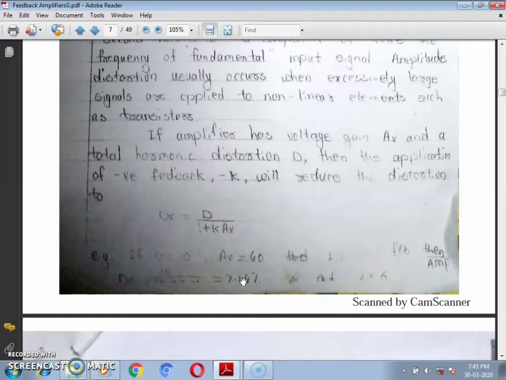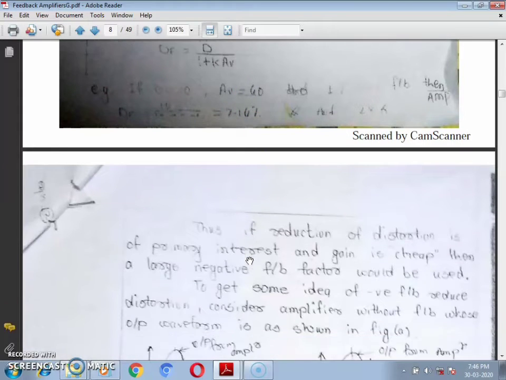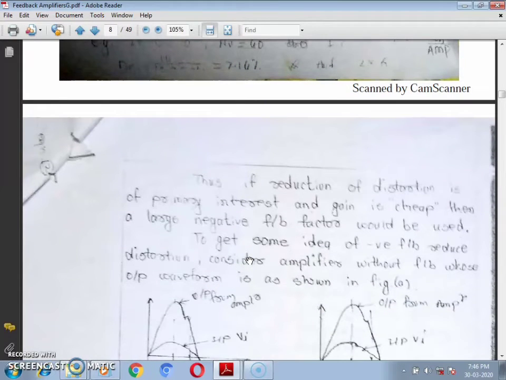If we consider that distortion is 10%, AV is 40, and the feedback is 1%, the distortion will be reduced from 10 to 7.14. So we want to reduce the distortion as the primary interest, and the gain is cheap.